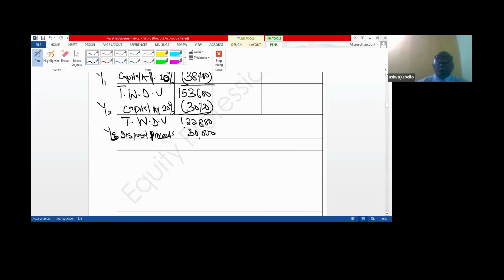Compare the two. The tax written down value is 122,880 and you are selling the asset for 30,000. That means we have incurred a loss on disposal. An asset that was 122,880 is sold for 30,000 naira.